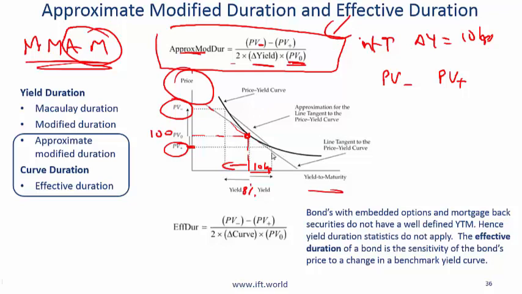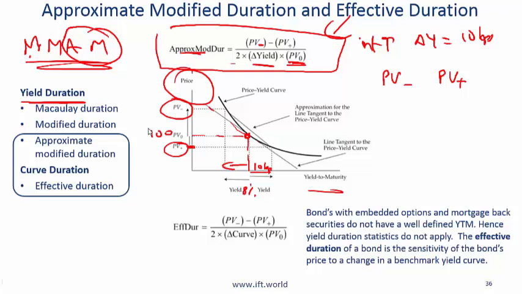Okay, now I'm going to emphasize a point related to yield duration. The 3 durations that I've talked about, the Macaulay, modified and approximate modified, are all called yield durations because they look at the change in price based on the change in yield of that particular instrument.